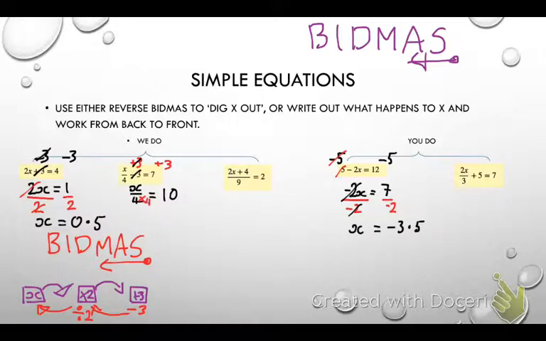So multiply that side by 4, and we would also multiply this side by 4. So there goes our x over 4, and x is equal to 40 in that example.